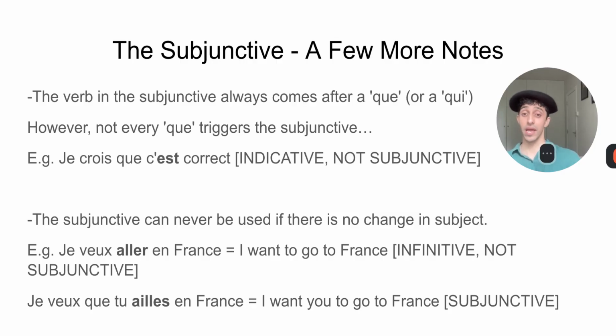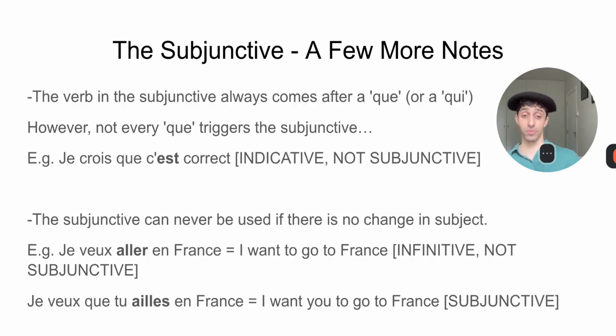On the other hand, if there is a contrast or a change in the subject, meaning the person or thing doing the action of the verb, then you have to use the subjunctive in French, as long as one of those categories mentioned before has been triggered. So if you were to say, I want you to go to France, that does trigger the subjunctive mood. So you'd say, je veux que tu ailles en France.